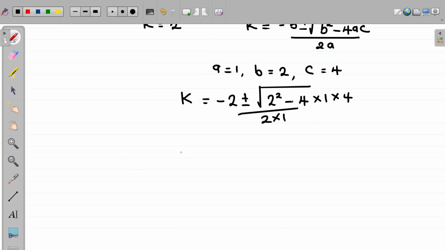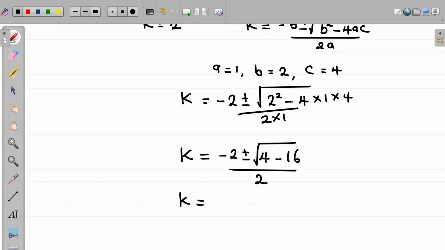So our equation becomes k equal to minus 2 plus or minus root of 4 minus 16, divided by 2.